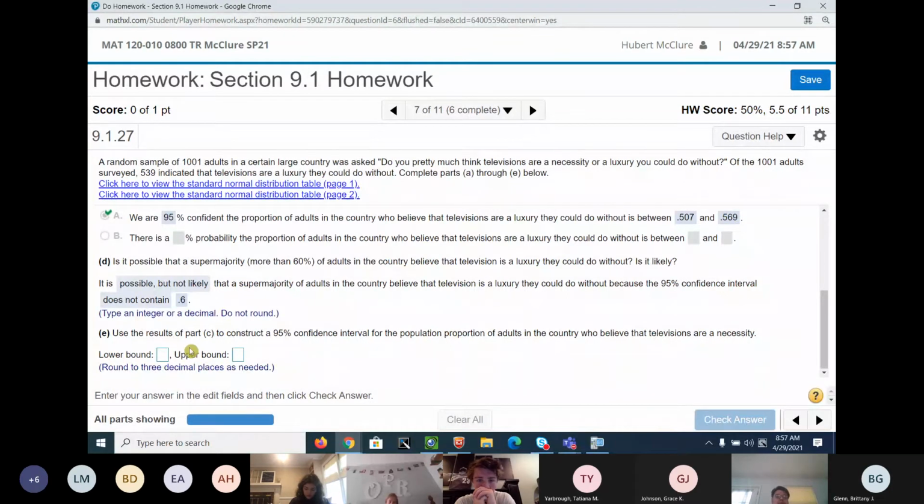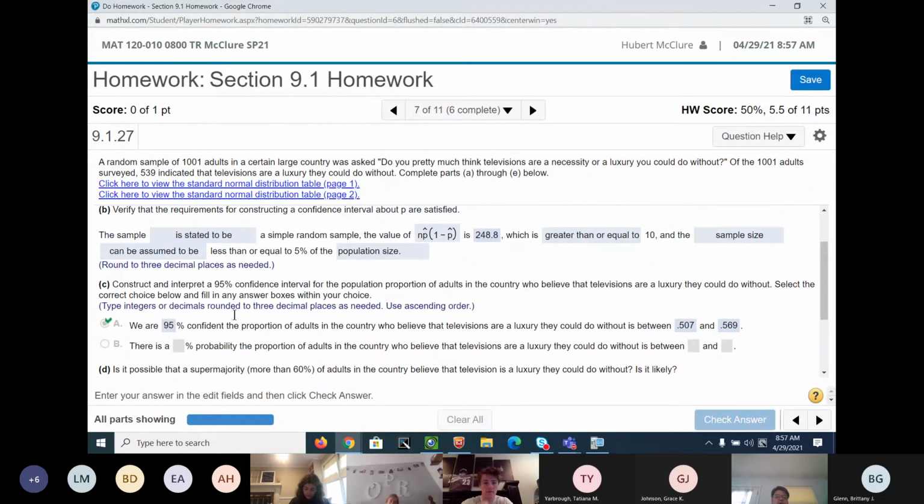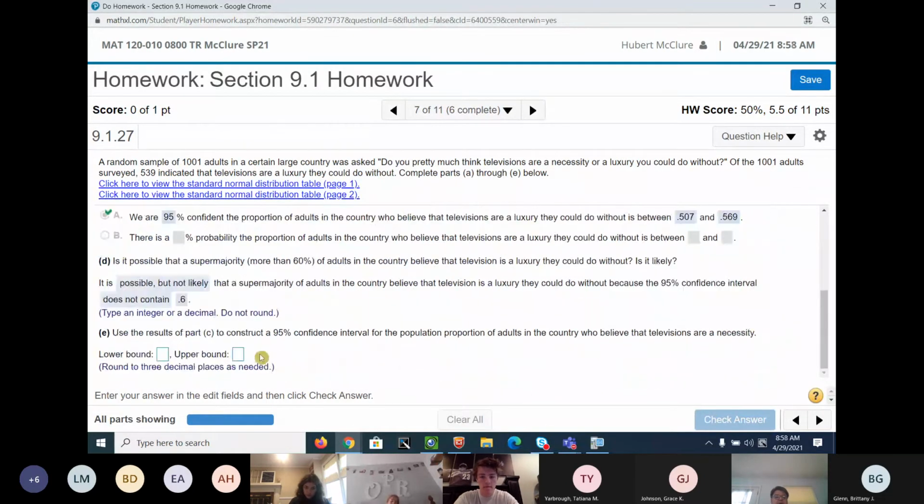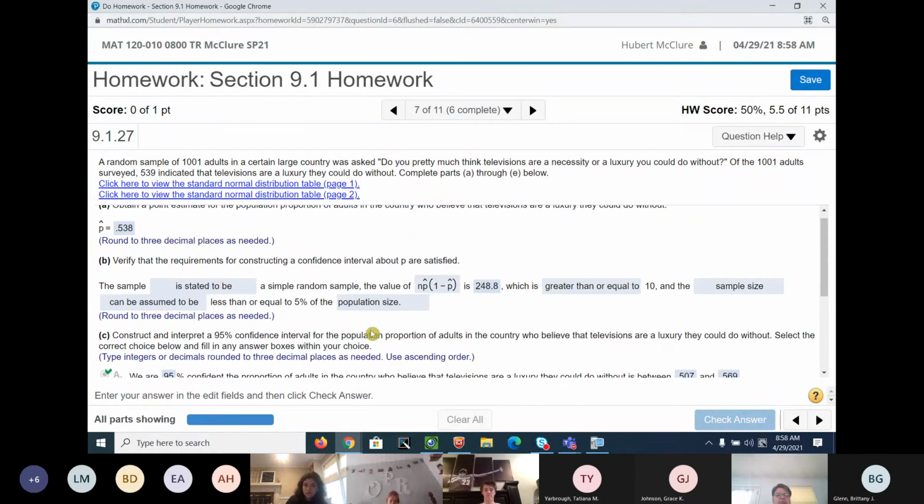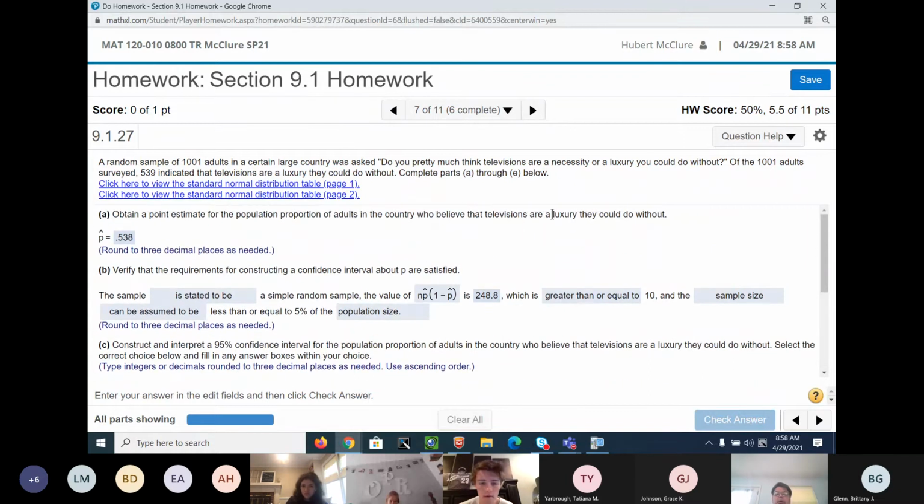Use the results of part C right here to construct a 95% confidence interval for the population proportion of adults who believe that televisions are a necessity. What does P mean? Hold on, P. Are a necessity.